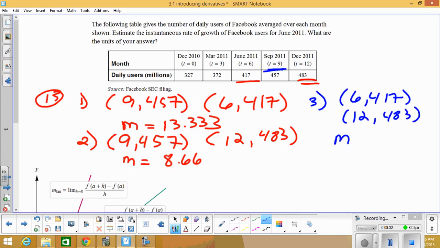And I'm going to go ahead and figure out the slope from here. And I see that the slope on this one turns out to be 11. That's kind of in between this slope and it makes the most sense. Then this is probably the closest guess that I'm going to get to the instant rate of growth when we are looking at September.